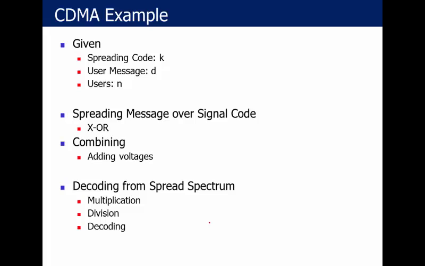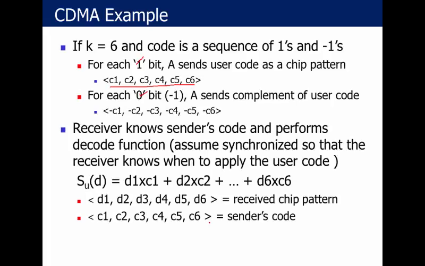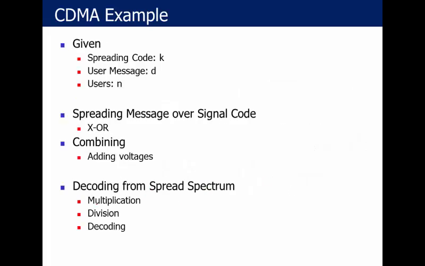And how can we decode? We need multiplication. We multiply all and add them all, then divide. How many chips are used? So we divide that by K. Then that is decoded.